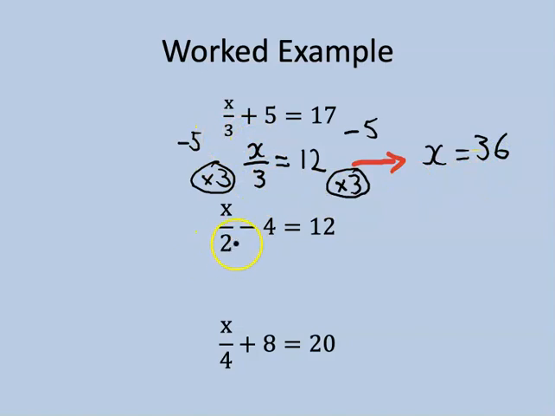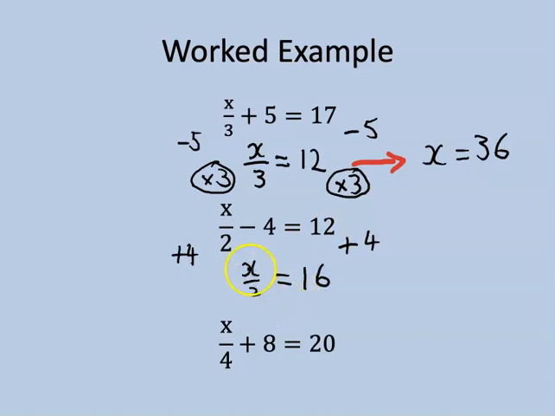Watch again. x over 2 minus 4 equals 12. And again, we know now if we've got just a minus or plus number, we have to do the opposite. We have to add 4. x over 2 stays the same. 12 plus 4 is 16.